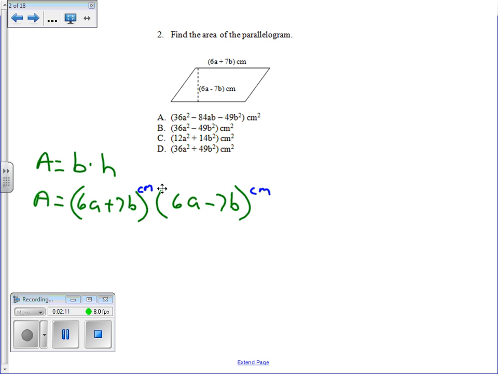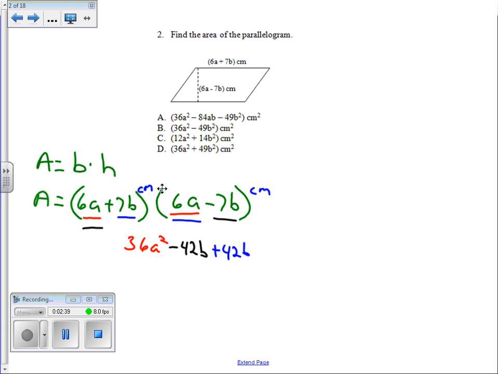So we have 6a times 6a, which gives me 36a squared. Then we have 6a times negative 7b, which gives me negative 42ab. Then we also have 7b times 6a, which gives me positive 42ab.